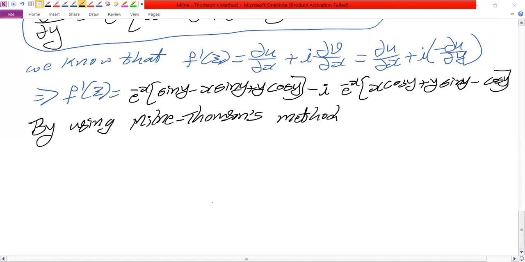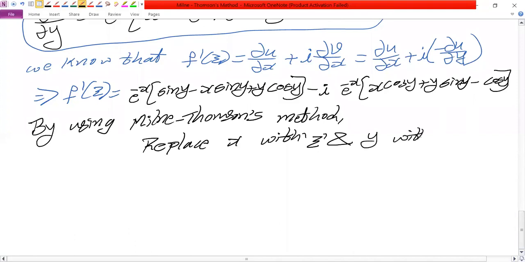What do we have to replace? Replace x with z and y with 0. If we do this, then what are we going to get?